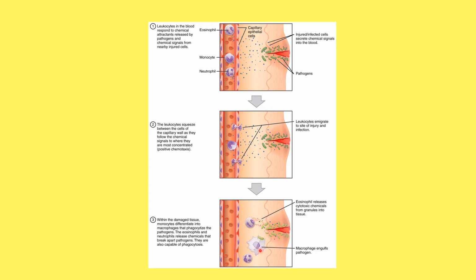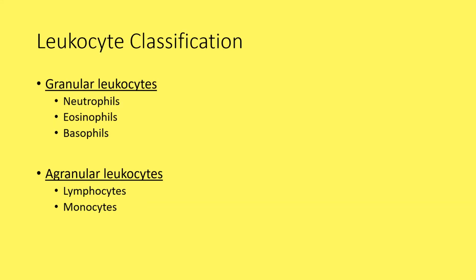They are attracted here because you want the white blood cells there as soon as possible because you don't want any of these bacteria to get into the bloodstream because once they're there, they can go anywhere in the body. So they're going to try to restrict the invasion just to this site. Don't let it penetrate any deeper. So they are able to leave the bloodstream. Some of them naturally will do that, like I said, kind of on patrol. Some of them do it because they're attracted to those chemicals that are released from the damaged tissue.